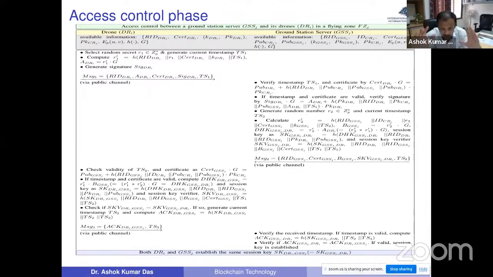And this session key will now be used for future secure communications between the drone and the ground station server. Okay. So this is the purpose of the access control phase.